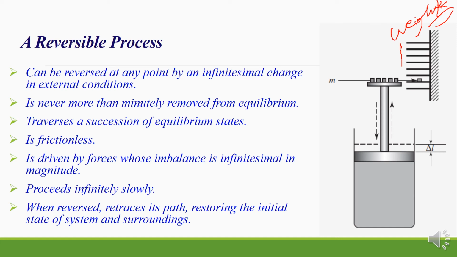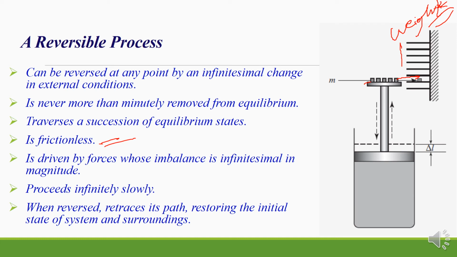Then you can say this is in equilibrium initially, right? The piston is considered frictionless. And if I remove this weight from here, the weight mass is added 1, 2, 3, 4, 5, and if I remove one from this, what will happen? It is imbalanced now.